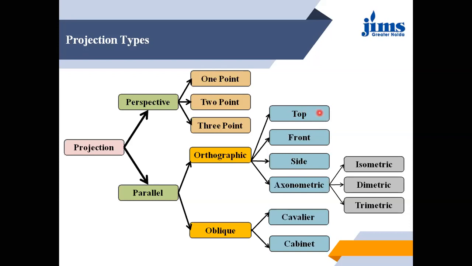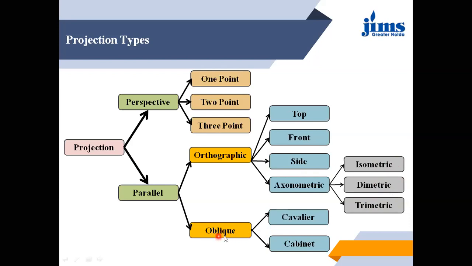We also saw examples of isometric, dimetric, and trimetric. In isometric, all the angles are the same. In dimetric, two angles are the same, and in trimetric, all the angles are different.